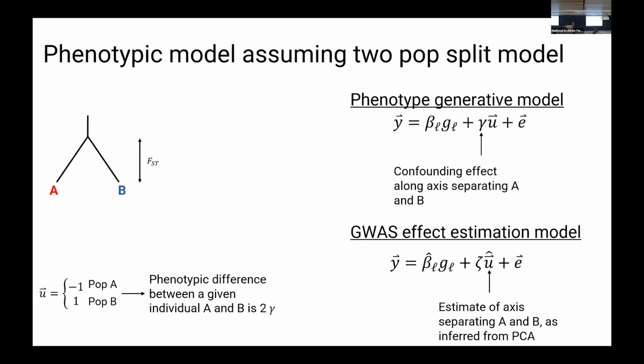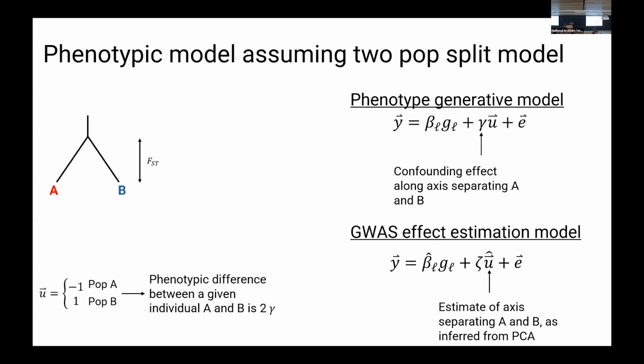All right, I'm going to start by using a very simple toy model to guide some intuition and build a heuristic argument together. This is the phenotypic generative model that we're going to be using. We're going to have some phenotype Y affected by the genetics of some site, and crucially, the effect of this vector U. Vector U is just telling us individuals could belong either to population A or population B. And populations A and B are related to each other using this simple demographic model.